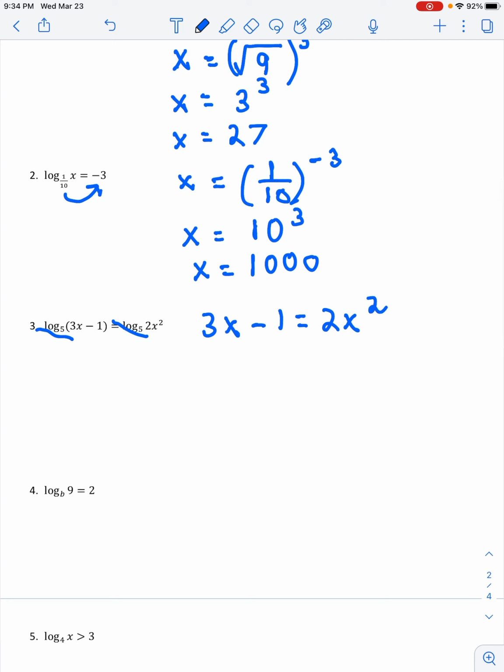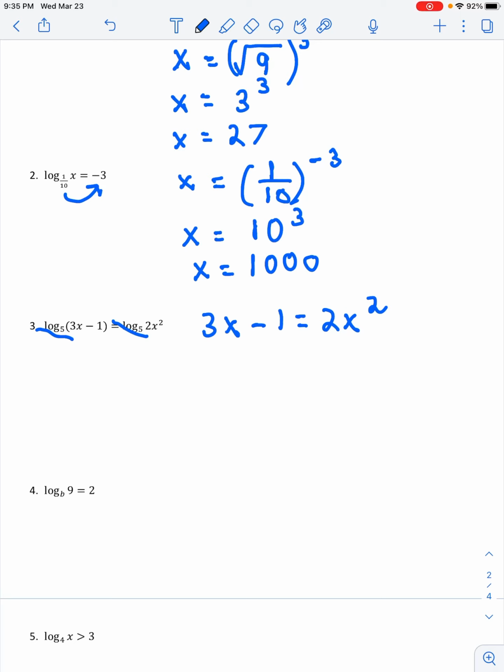Now, the question you have to ask yourself here is, what type of equation are you solving? Is it linear? I don't think so, because it cannot be written in slope-intercept form. Is it quadratic? Hopefully you recognize it is quadratic. It can be written in the form ax squared plus bx plus c equals 0.